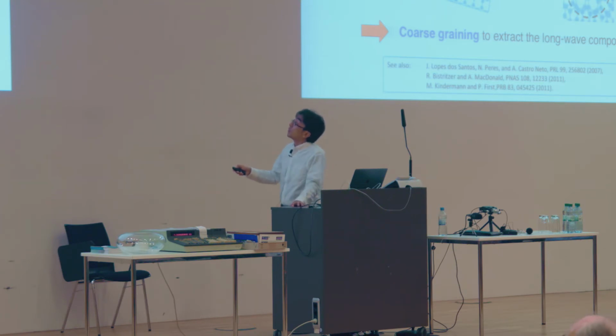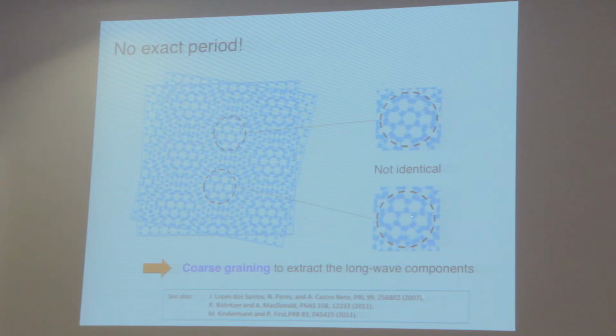It's obvious. But if you take two units and compare, they are not identical in the atomic-scale sense. For example, if you compare here and here, it's not identical. The arrangement of, for example, these two atoms is different from that of the other two atoms.